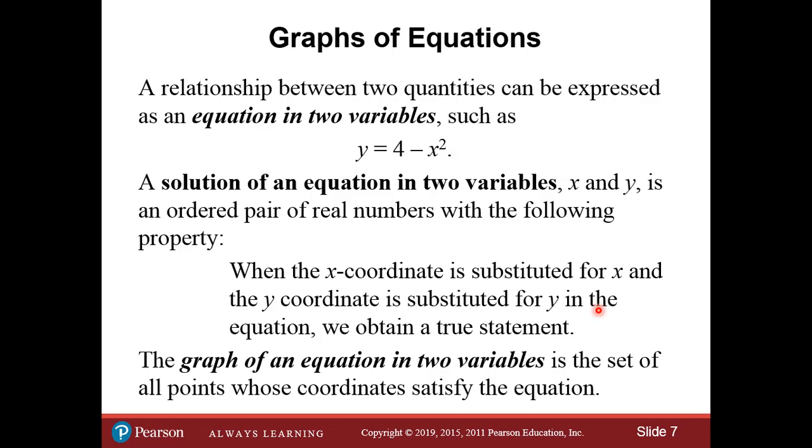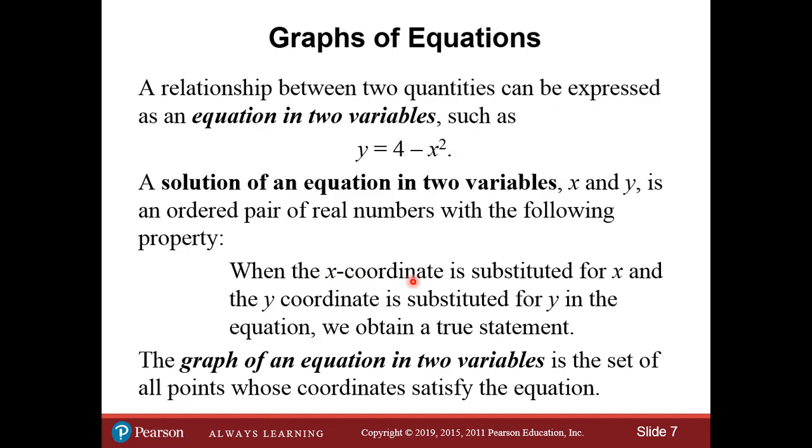Now, a relationship between two quantities can be expressed as an equation in two variables, such as the equation we have here. A solution of an equation in two variables, x and y, is an ordered pair of real numbers with the following property.